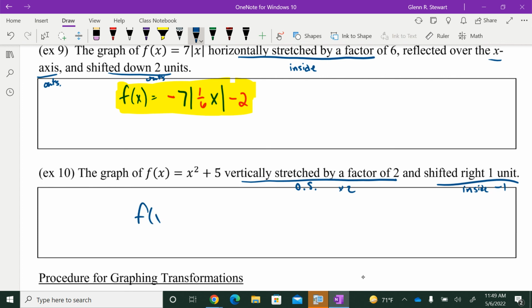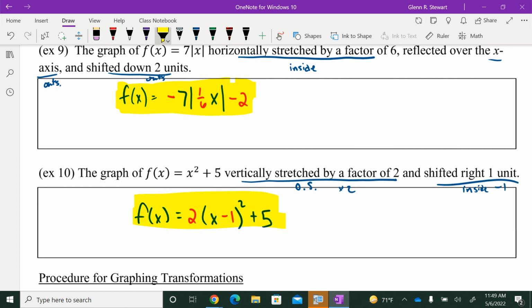I'm going to rewrite this as f of x equals 2 on the outside, parenthesis x minus 1 squared plus 5. Even though there's not parentheses there, when we're creating that shift left and right or doing something on the inside, we can automatically put parentheses into our equation.